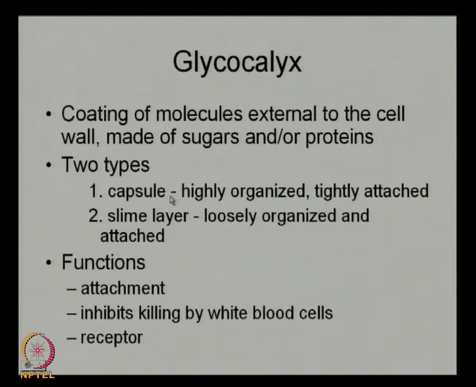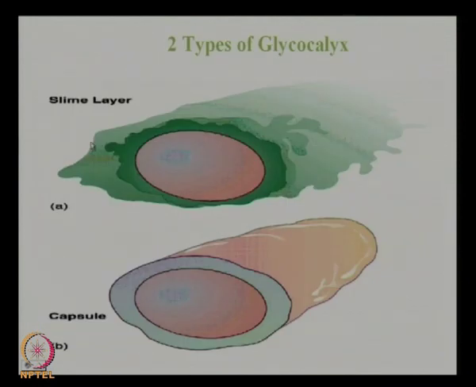One is called the capsule, which is tightly organized and tightly attached to the cell wall. Another is the slimy layer, which is loosely organized and attached. See, this is the slimy layer which is loosely organized, and this capsule has got a definite structure.